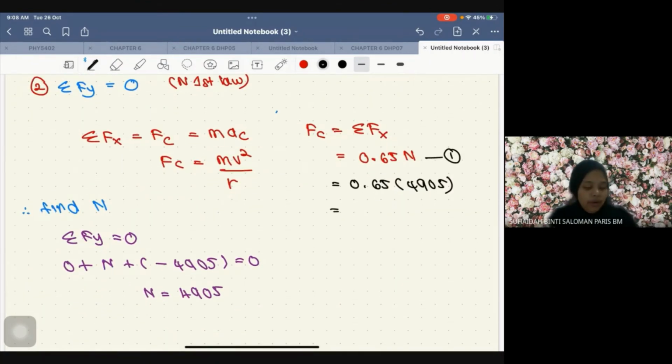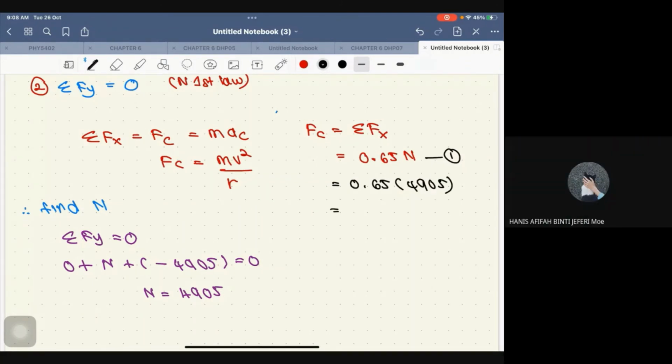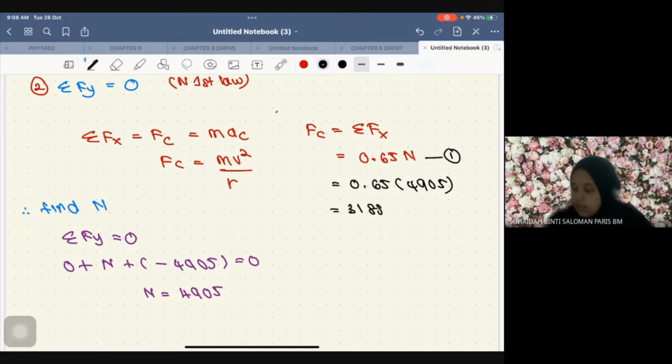So akan dapat ini berapa? 3188.25, yes, 3188.25 Newton. Okay. So dah dapat nilai FC, awak boleh dah guna equation yang ini to find the V.